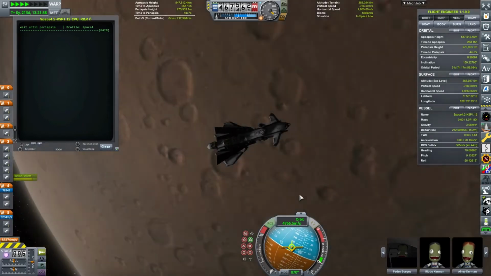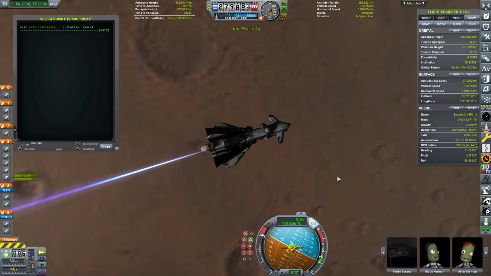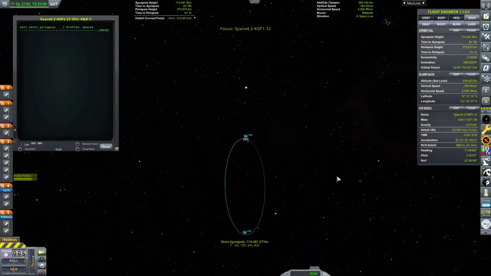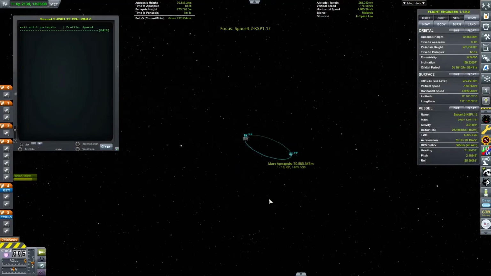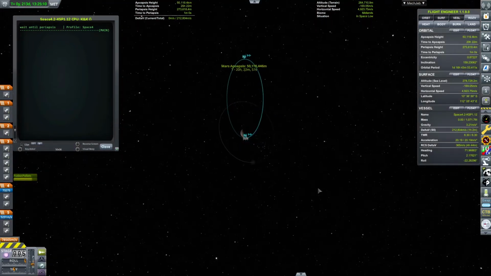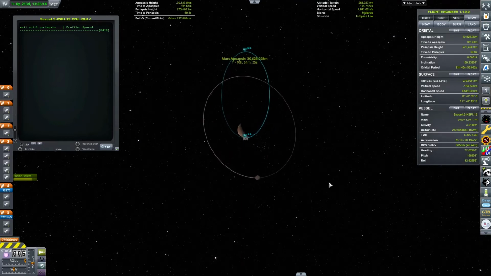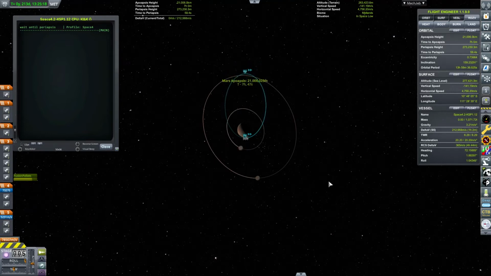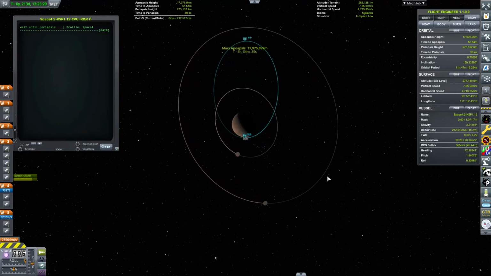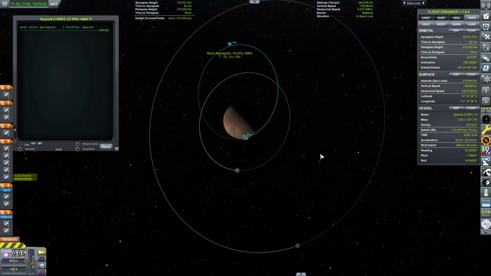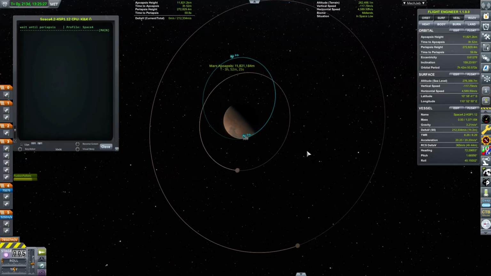If we look, you'll see that the apoapsis is decreasing very fast because we are at the optimal point to decrease it, which is of course the periapsis. Now we are just waiting for the apoapsis to decrease.